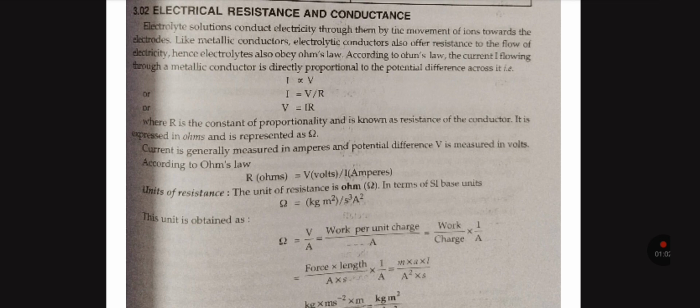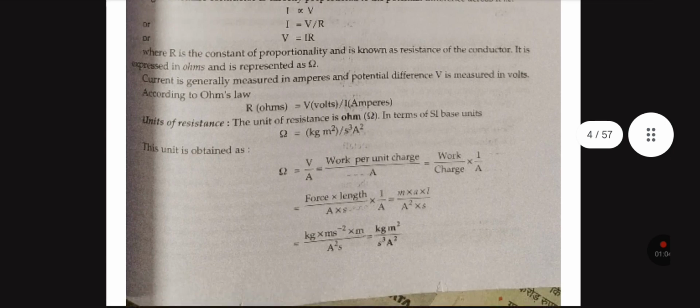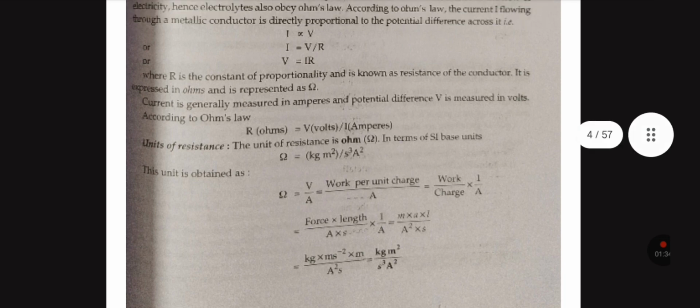In terms of SI base units, ohm is equal to kg meter square by s cube A square. The unit of ohm can be obtained as ohm is equal to V by A, work per unit charge by A, work per unit charge into 1 by A. Work is force into length, and charge is A into S, into 1 by A, which on further calculating we will get kg meter square s cube A square.